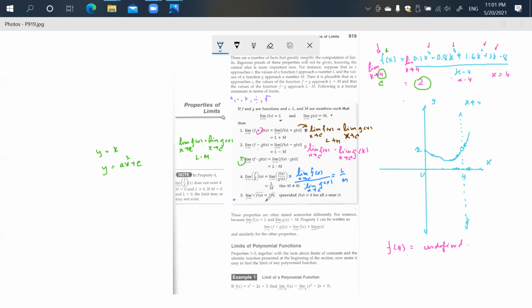And the last one is in the pattern of roots. So limit of square root of f of x equals square root of L. The condition everyone should know is that for any even root, such as the square root, fourth root, or sixth root, the value has to be greater than 0, right? Okay, then this is one.